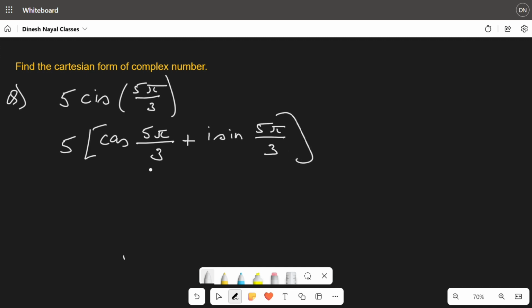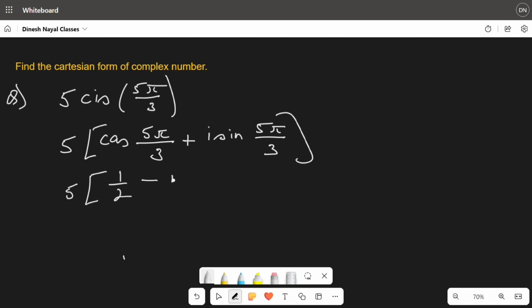Now see, you must be using your GDC as you are an IB Maths HL student. So you can directly find cos 5 pi by 3. If you substitute cos 5 pi by 3 in the calculator, you will get 1 by 2. And similarly sin 5 pi by 3, you substitute, you get minus root 3 by 2.